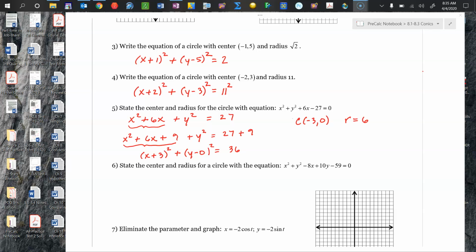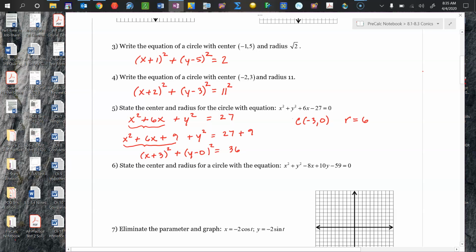In problem number 6, we're actually going to have to complete the square for both the x and the y variable, but it's going to work the same way we did problem number 5. We just have to apply the process twice. Let's start by grouping all the x terms together, all the y terms together, and moving the constants over to the opposite side.